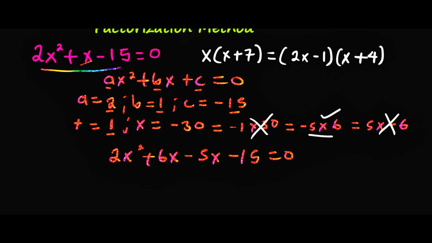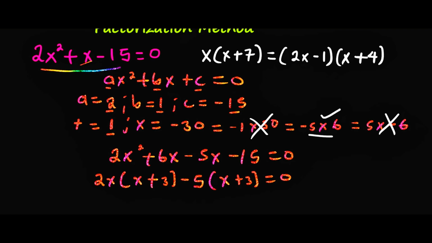For 2x squared and 6x, the common factor is 2x. So we have 2x into x plus 3. And then between negative 5x and negative 15, the common factor is negative 5. So we have negative 5 into x plus 3, and that's equal to 0.